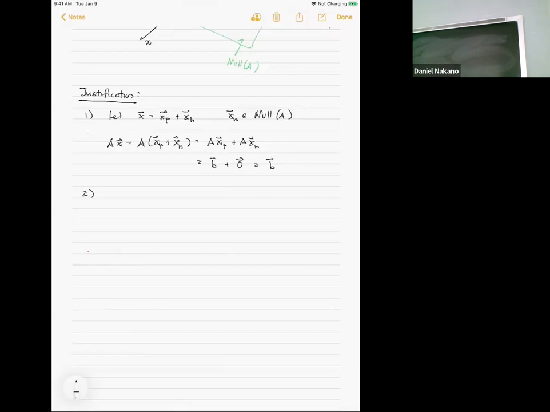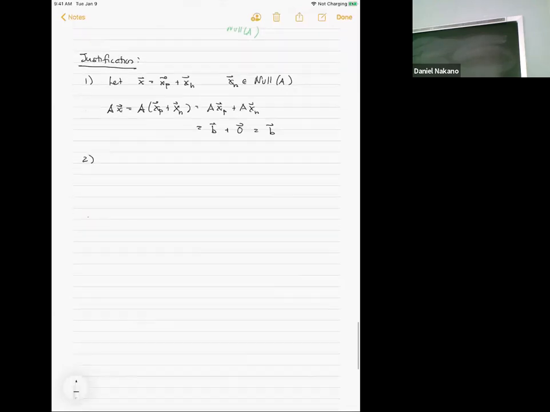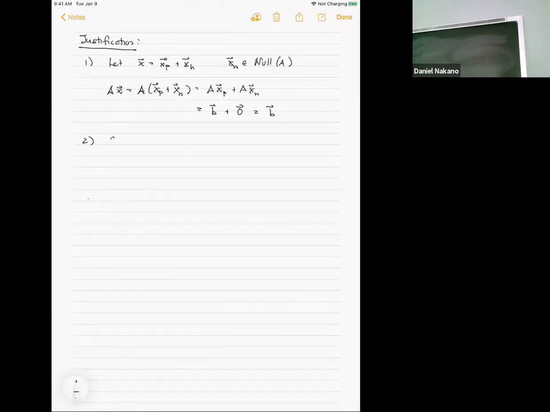All right. So now I want to say, suppose I do have a solution for AX equals B. I want to be able to write it as a particular solution plus the homogeneous one. Okay? So suppose that X is a solution of AX equals B. Let me call it X prime, just so it doesn't get confused with the X that we have in there.